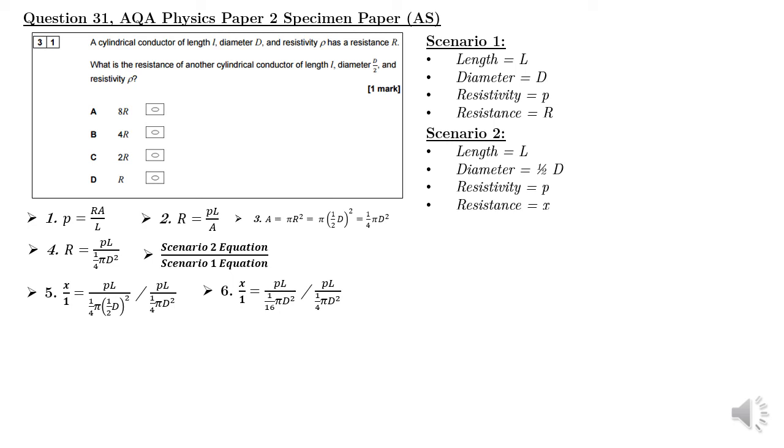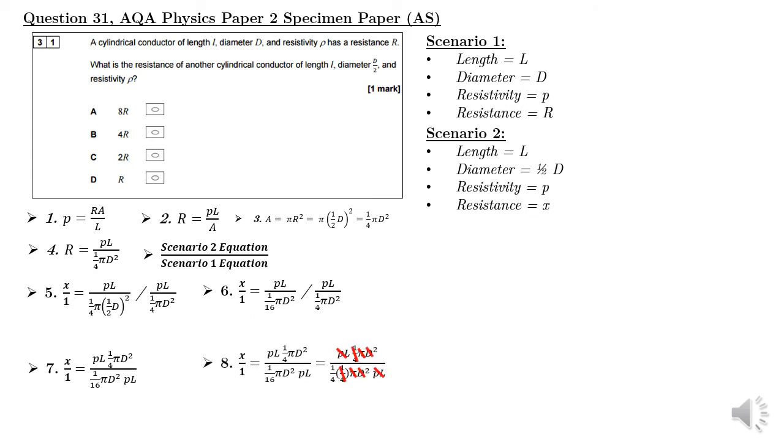So we simplify things a bit, and in step 7 you can see we've joined the two fractions together by using the keep, flip, change or KFC rule, by keeping one fraction, changing the sign and flipping the other fraction. And as you can see, we have the two things at the top and bottom. But 1 over 16 can be expressed as a quarter times a quarter.